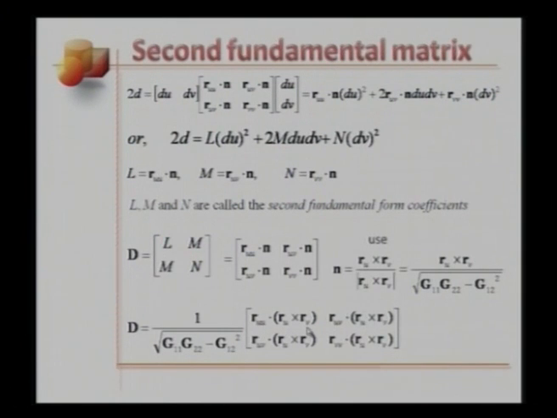So these are scalar products. Given a surface patch as a function of two parameters u and v, you can compute both the first fundamental matrix G and the second fundamental matrix D.